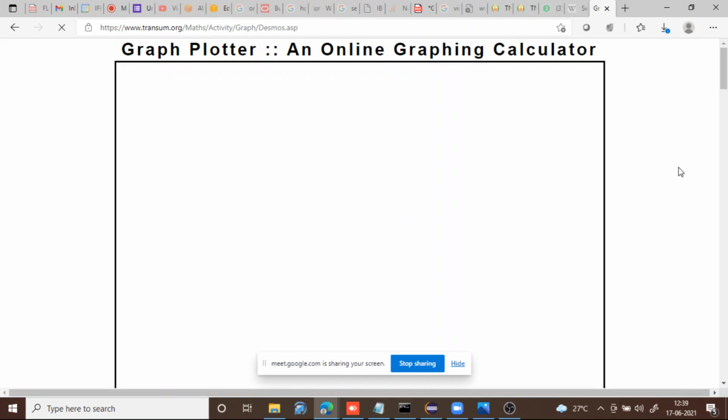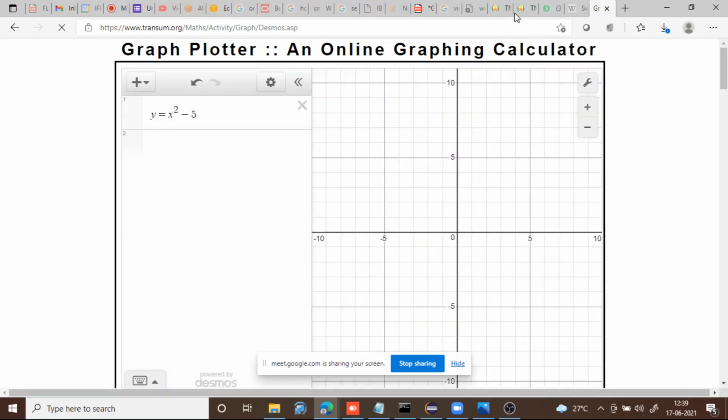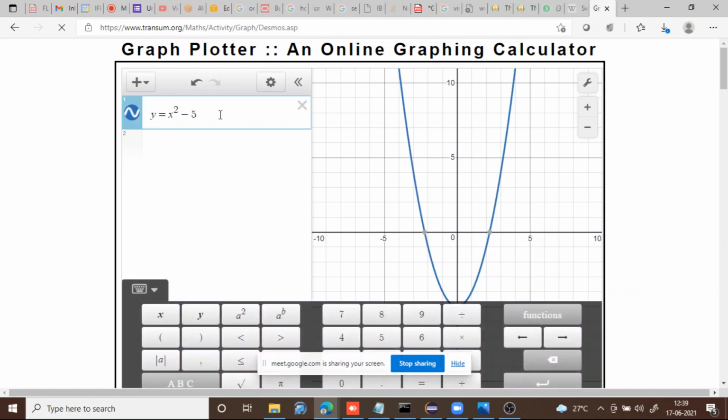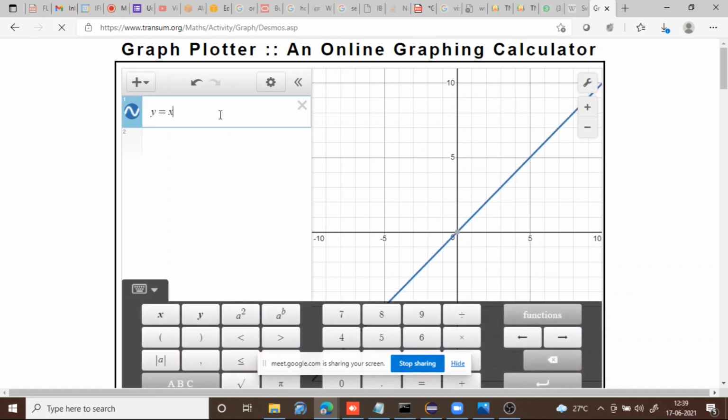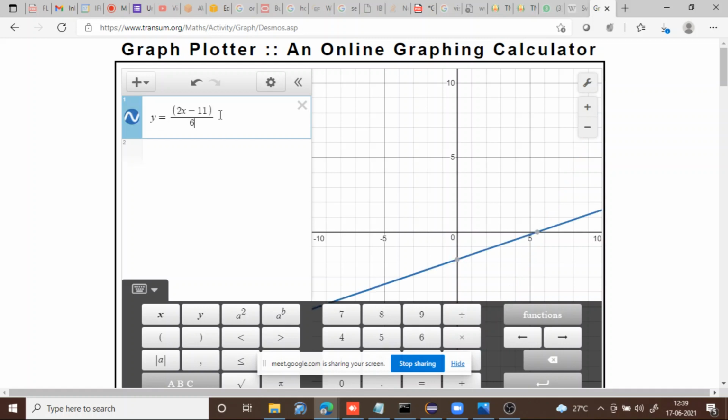Let us see. This is a nice website I saw. You can use this website to visualize the graph for any equation. So this is the equation: y is equal to (2x minus 11) divided by 6. See, this is the graph.